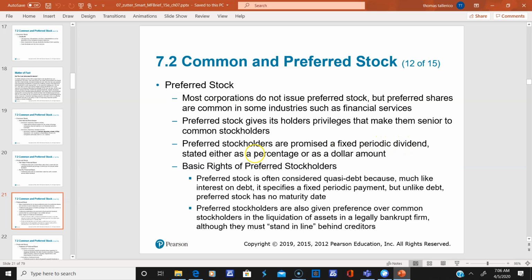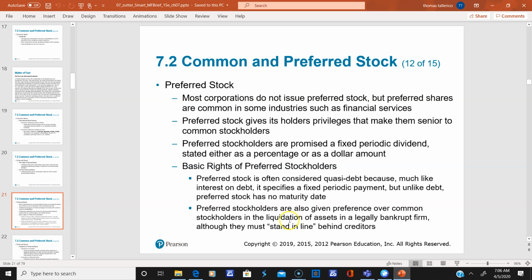And as I said previously, it will be a percentage or a dollar amount. So in a way, preferred stock is looked at as a hybrid or quasi-debt. A hybrid means it's got some features of bonds and some features of stocks. So that's the way that goes.